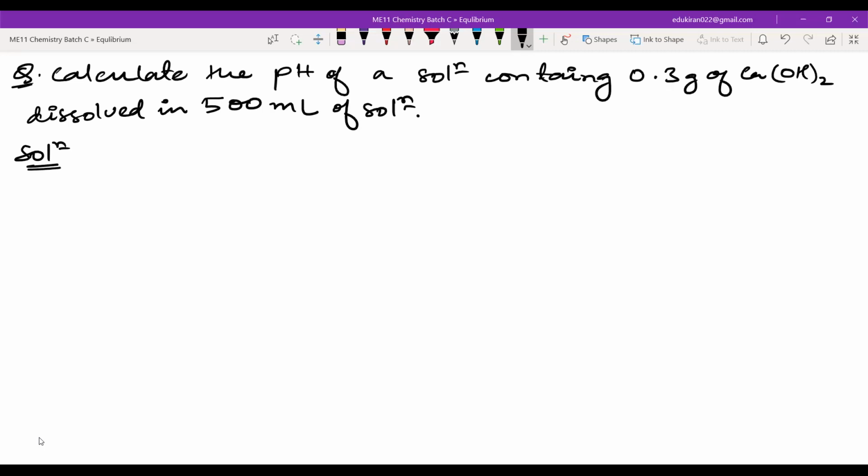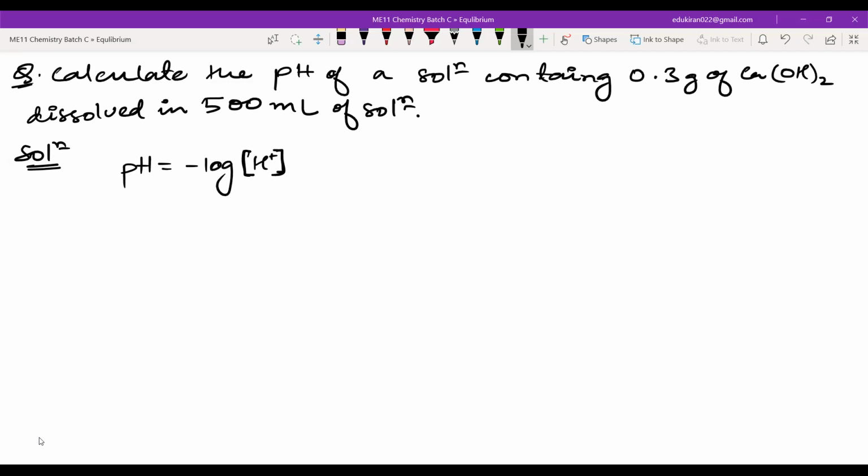First of all, what is given to us? What is pH? pH is the minus log of the concentration of H plus, right? Do we know the concentration of H plus? No, we don't. And is acid given in this question? No, acid is also not given.